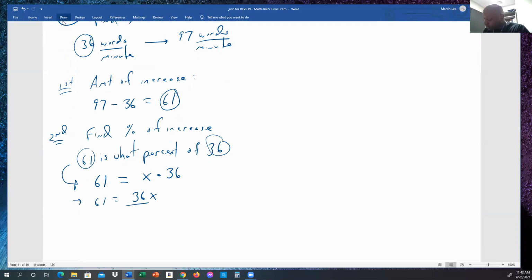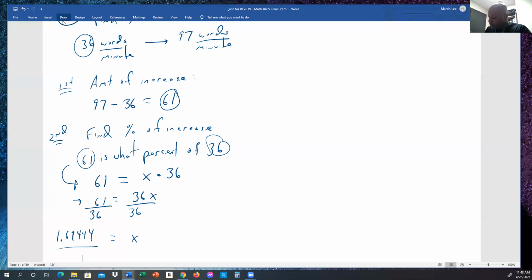Divide both sides by 36. And this gives me x is equal to 61 divided by 36, which is 1.69444.